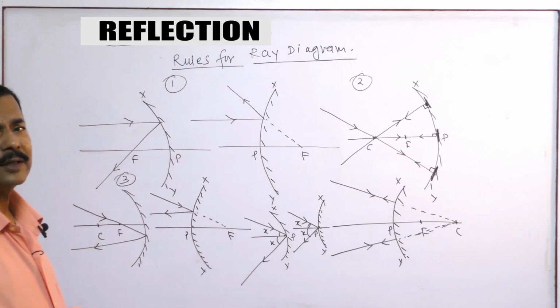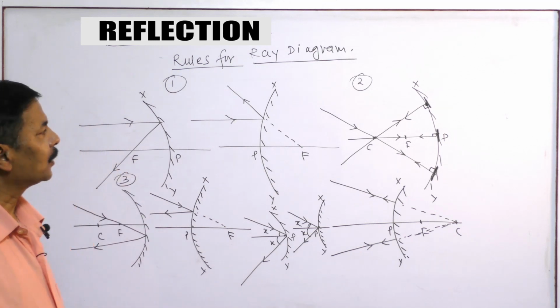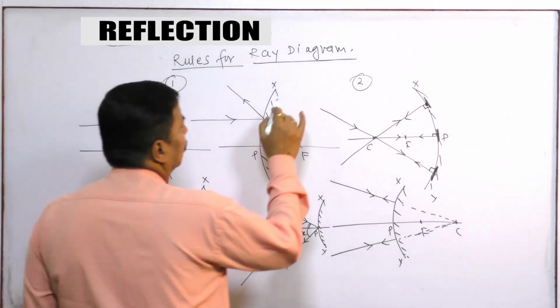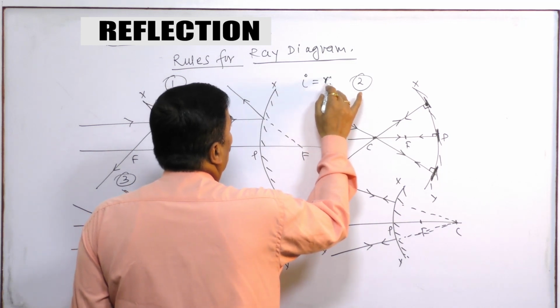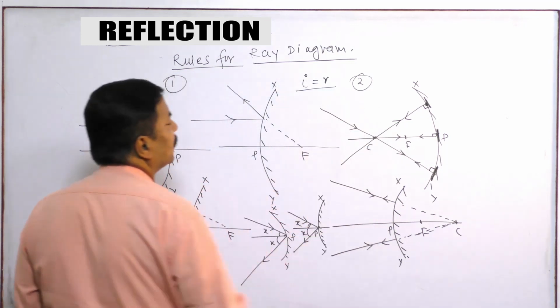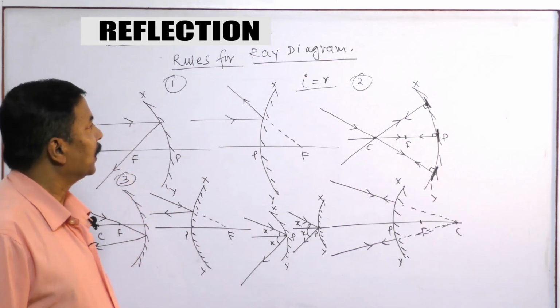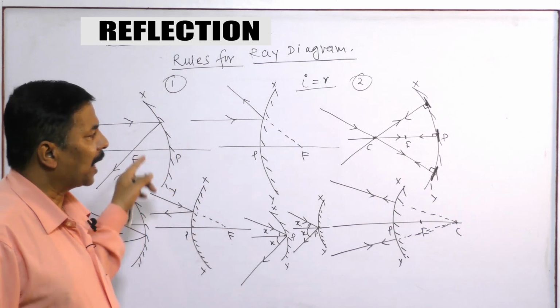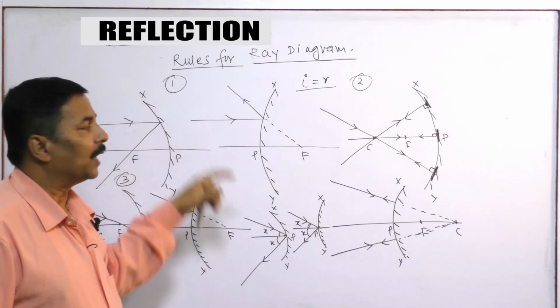But one thing you should certainly remember: for every incident ray, i equals r must be valid. We must never violate i equals r, that means the angle of incidence equals the angle of reflection. So this much practice has to be done before drawing the ray diagram.